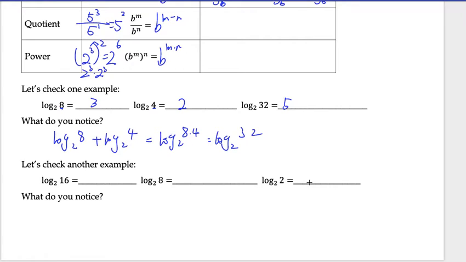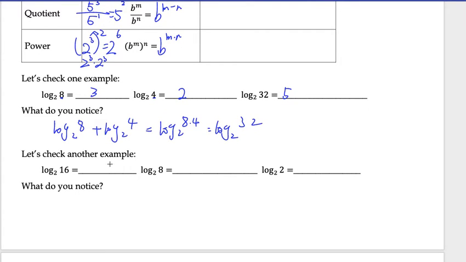Okay, this one, log base 2 of 16, which is 2 to what power is 16, which is 4. 2 to what power is 8? 3. 2 to what power is 2? It's going to be 1. So again, I just want you to pay attention to the number relations here. I'm going to rewrite this.